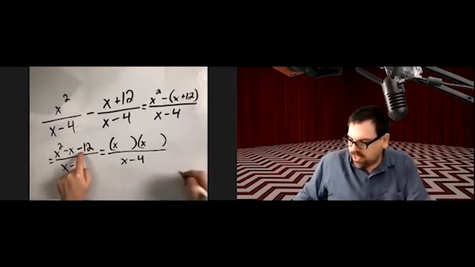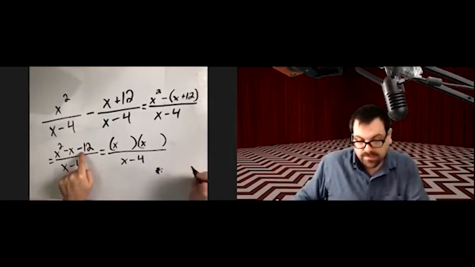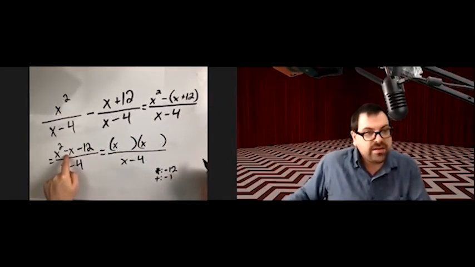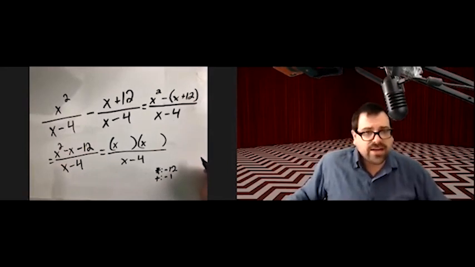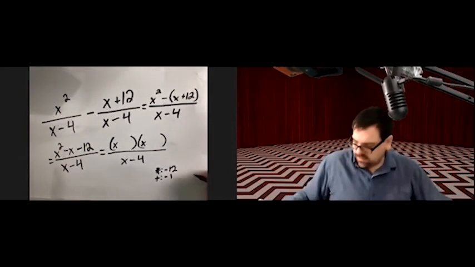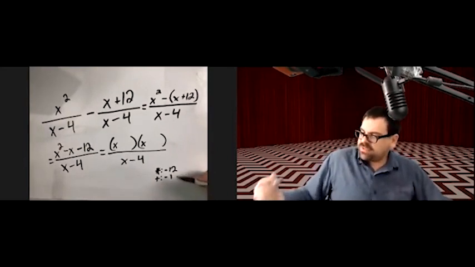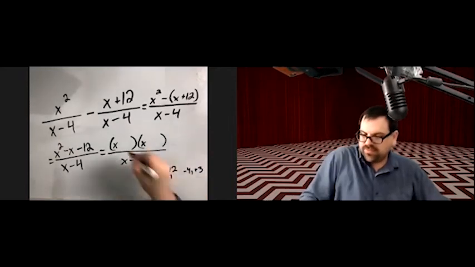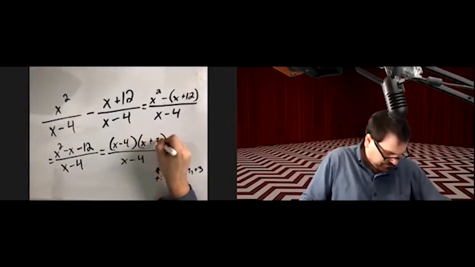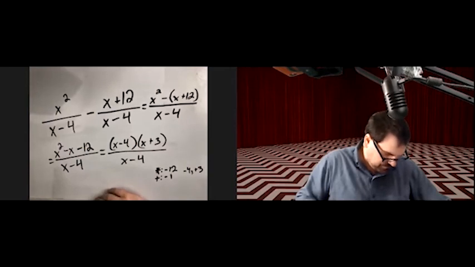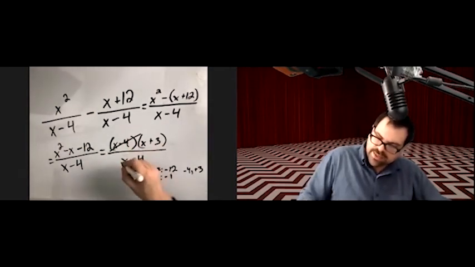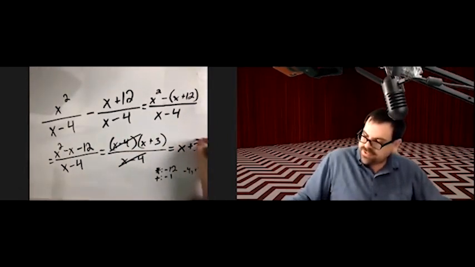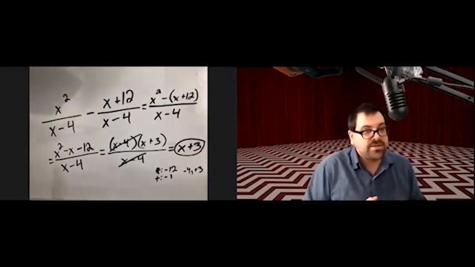We need numbers that multiply to give negative 12 and add to give negative 1. You shouldn't be doing all the factoring stuff in your head. Write stuff down. The numbers that multiply to negative 12 and add to negative 1 are negative 4 and positive 3. The x minus 4s then cancel, and we're just left with an answer of x plus 3.